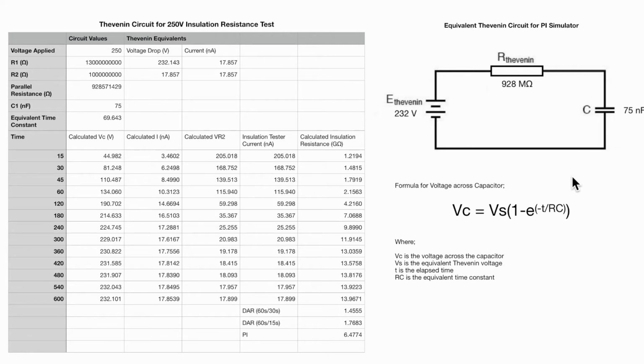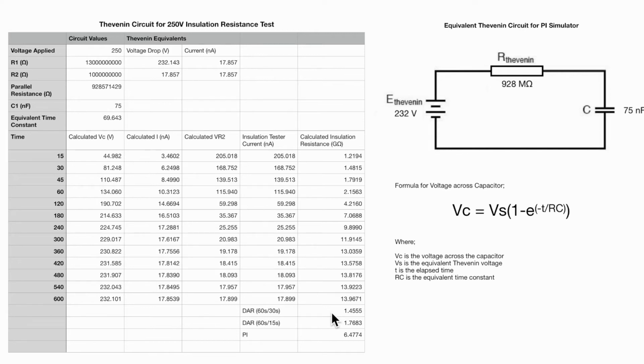These values are then utilized within the standard formula for calculating the charge in a capacitor, and that's shown in this column here. I can then work back from them until I end up with the output current from the insulation tester, and hence I can calculate what the resistance value will be displayed on the insulation tester, and those are the values in this end column here. And then I can work out nominal DAR and PI values as well, and I'll be able to compare these values to the results obtained when I test it with the insulation tester.